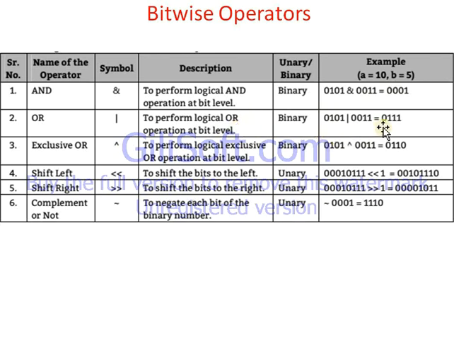In the same way, see the truth table of OR. Next, see the truth table of XOR. Shift left means to shift the bits to the left by 1 digit. See here the result of shift left by 1: 0 1 1 1 0 1 0 0.